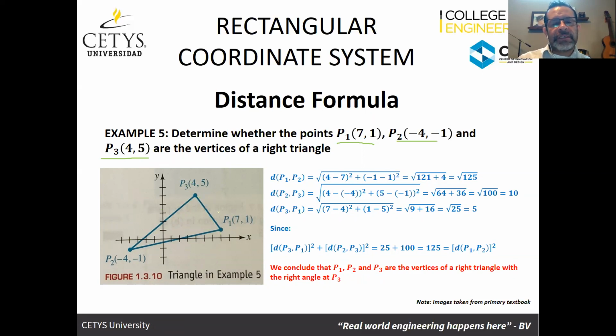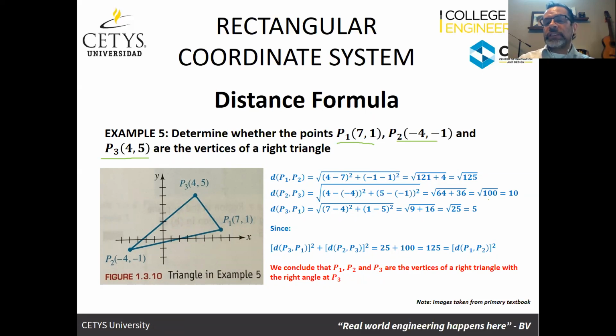We calculate the distance between point 1 and 2. That's the square root of 125. We calculate the distance between 2 and 3. That's 10. We calculate the distance between 1 and 3, and that's 5. And then if the triangle is a right triangle, the Pythagorean theorem has to apply.